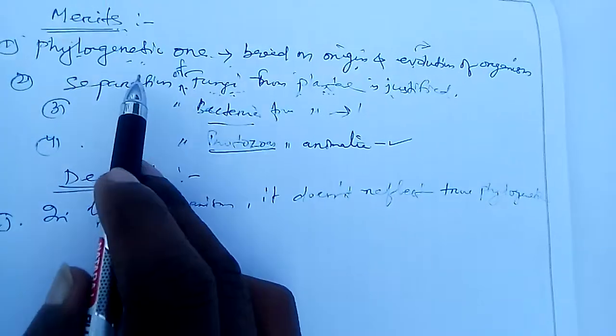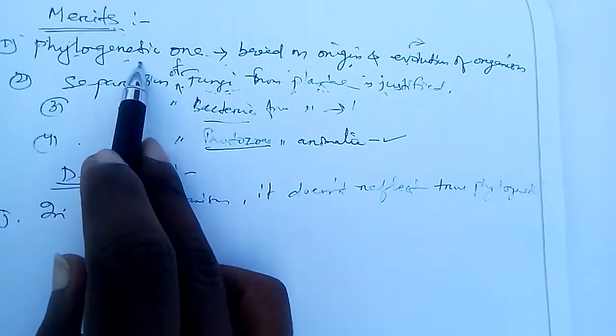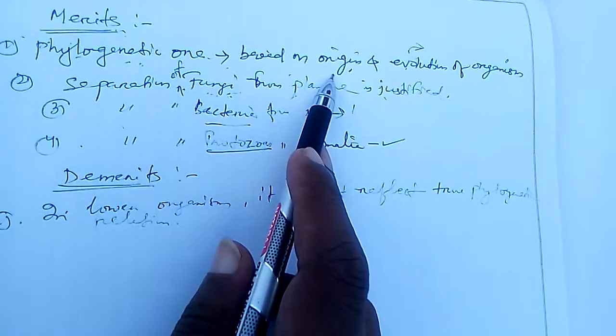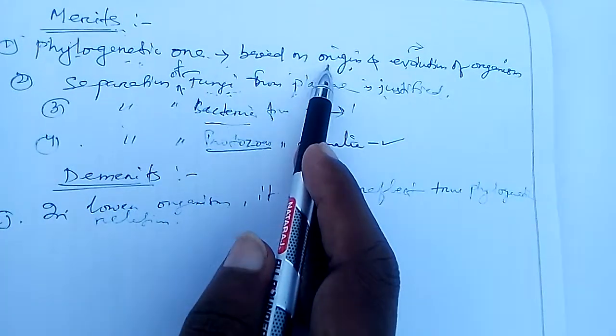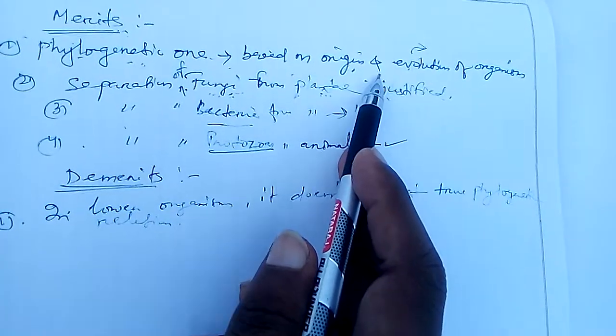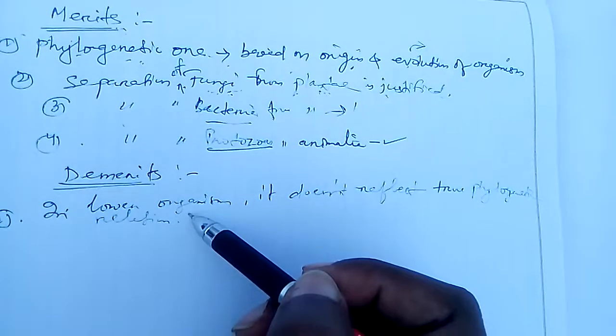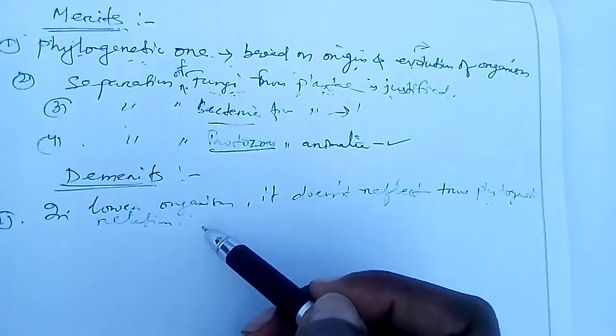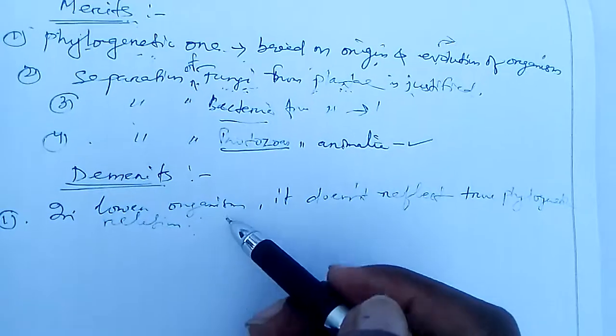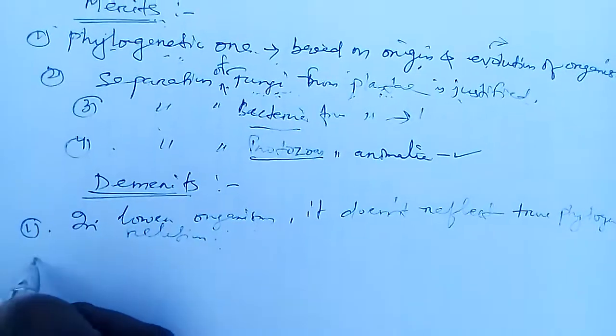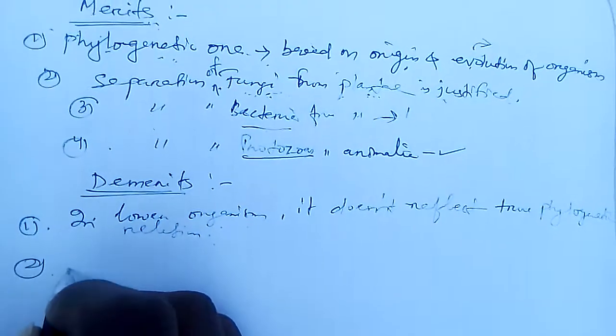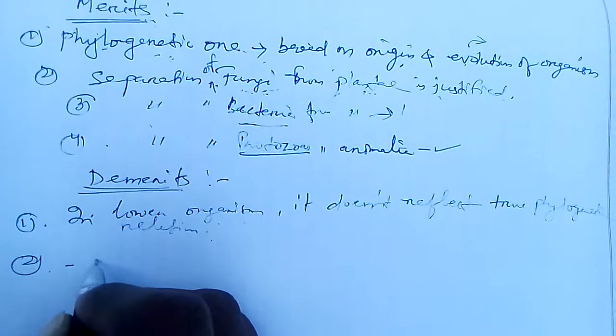Phylogenetic relation, as I discussed earlier, is based on origin and evolution, but it only describes the origin and evolution of some higher organisms, while the phylogeny of lower organisms is not described properly in this 5 kingdom classification. Then the second demerit, most popular: there is no place for virus.